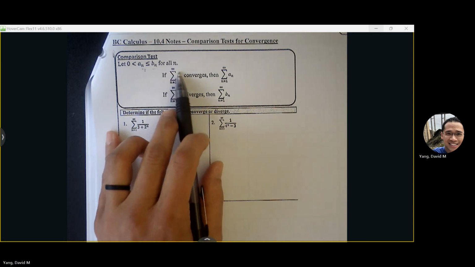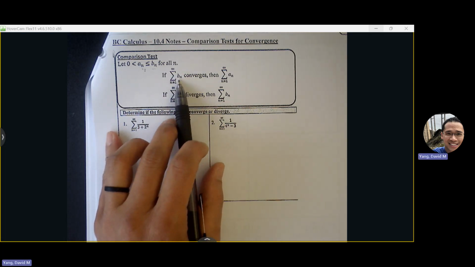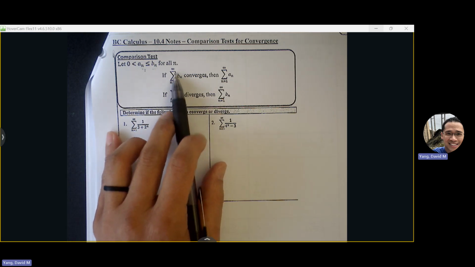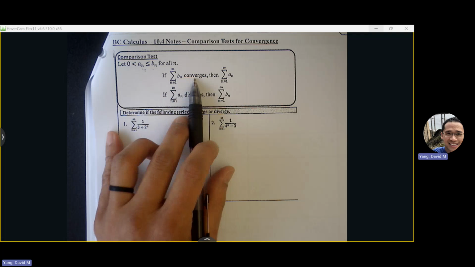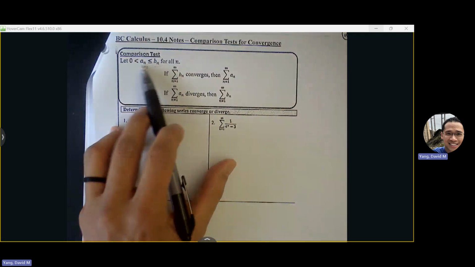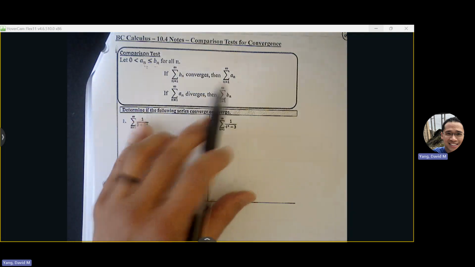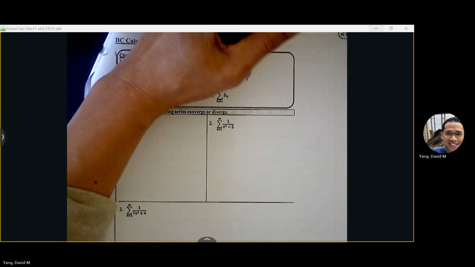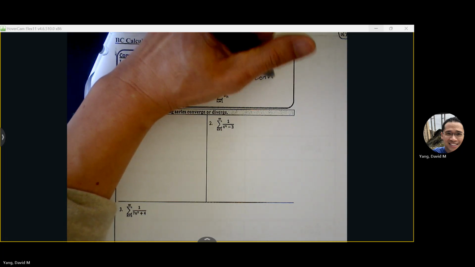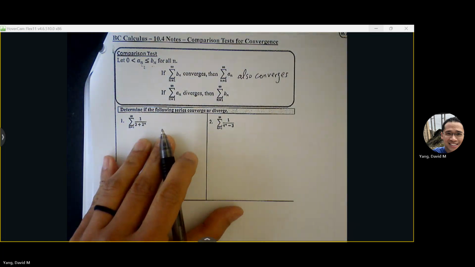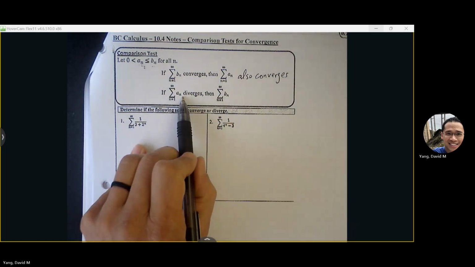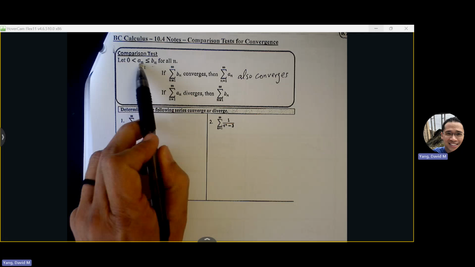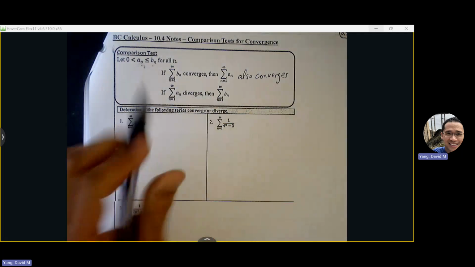If b sub n converges, meaning that the larger series converges, then anything smaller than it is guaranteed to also converge. However, if the smaller series diverges, then anything larger than it must also diverge.